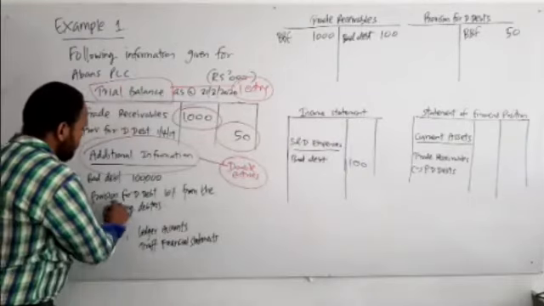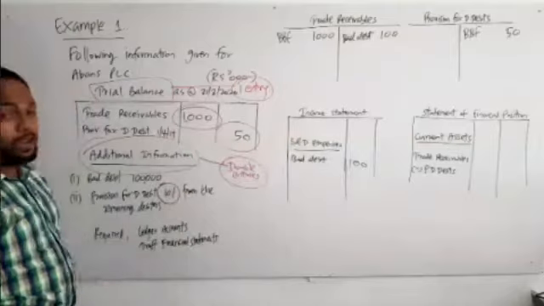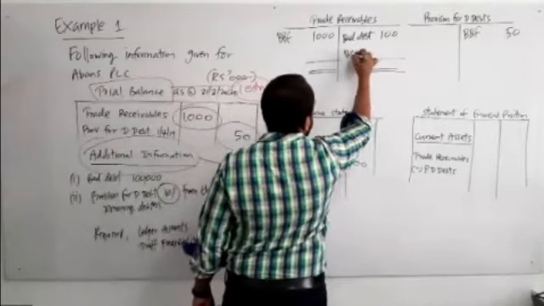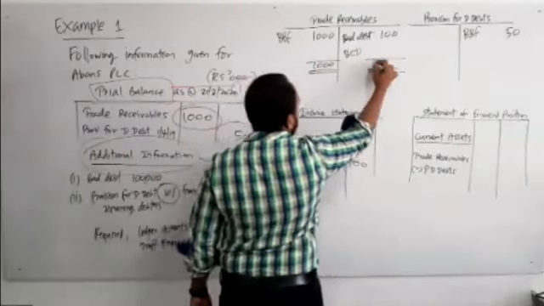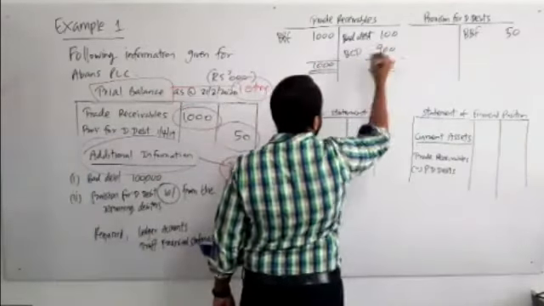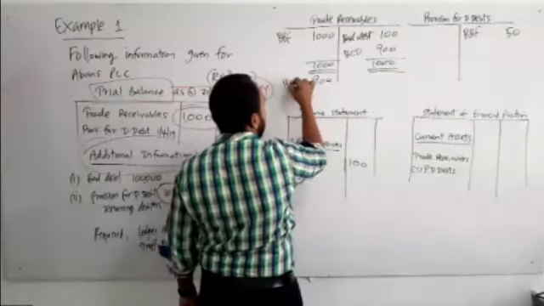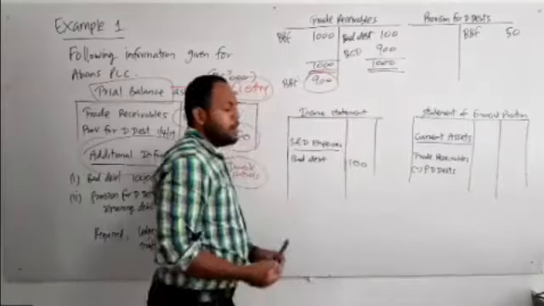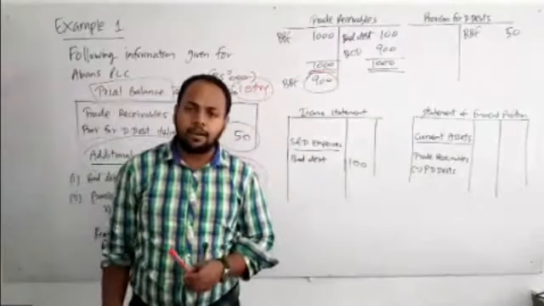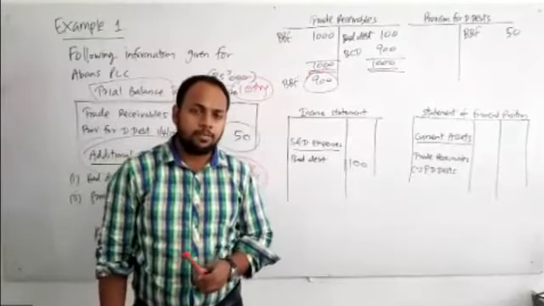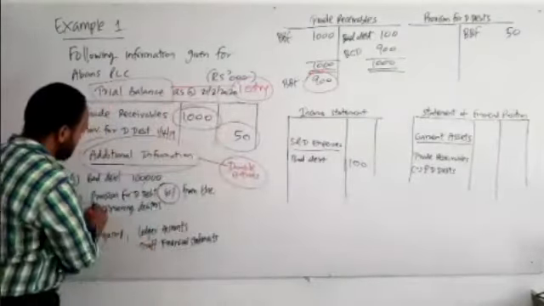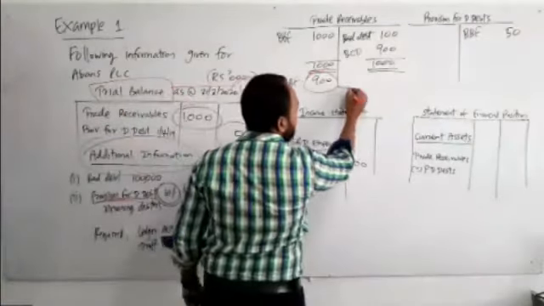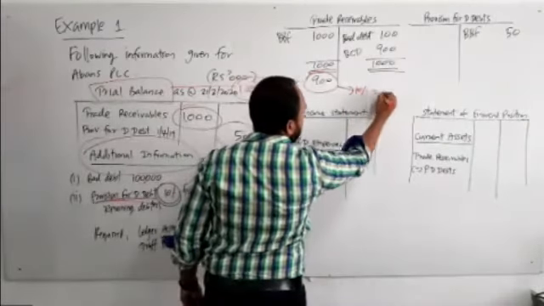Then provision for doubtful debt is 10% of the remaining debtors. So let's calculate the remaining debtors. 1 million less 100,000, the remaining debtors value is 900,000. So the provision for doubtful debt is 10% of this, which is 90,000.